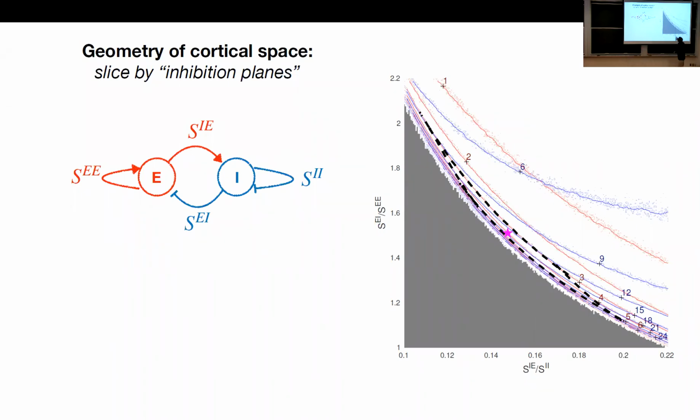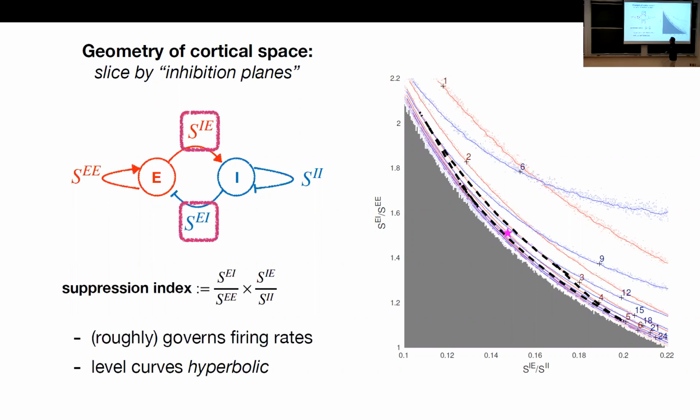Okay. And so in this plot, the blue curves and the red curves are the level curves of the E and I firing rates. And what you will see is that they line up very closely with each other, and they have a roughly hyperbolic character. You can wave your hands, because this is approximately correct, that the reason they have the same effect is because if E cells are driving I cells more, then you're going to get more inhibition in the system.